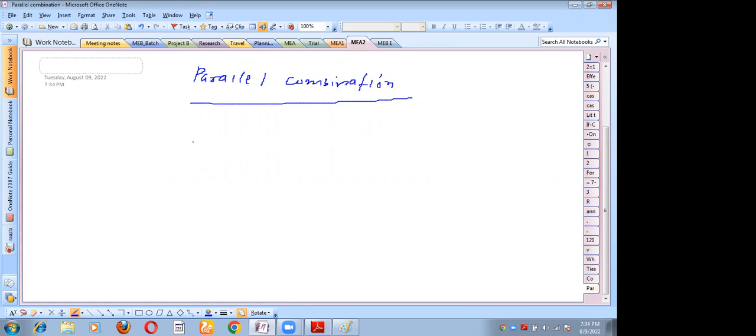Like we have one cell of EMF E1 with internal resistance R1, and we have another cell of EMF E2 and internal resistance R2. These are combined in parallel.